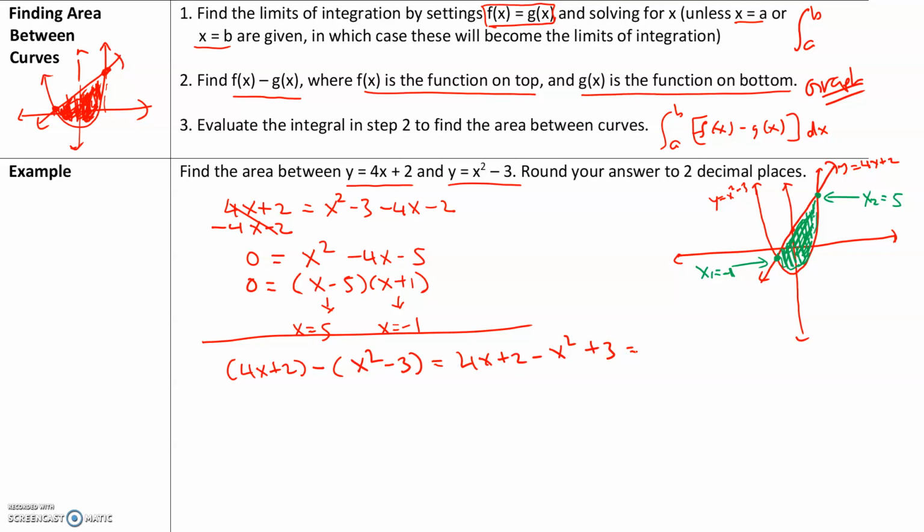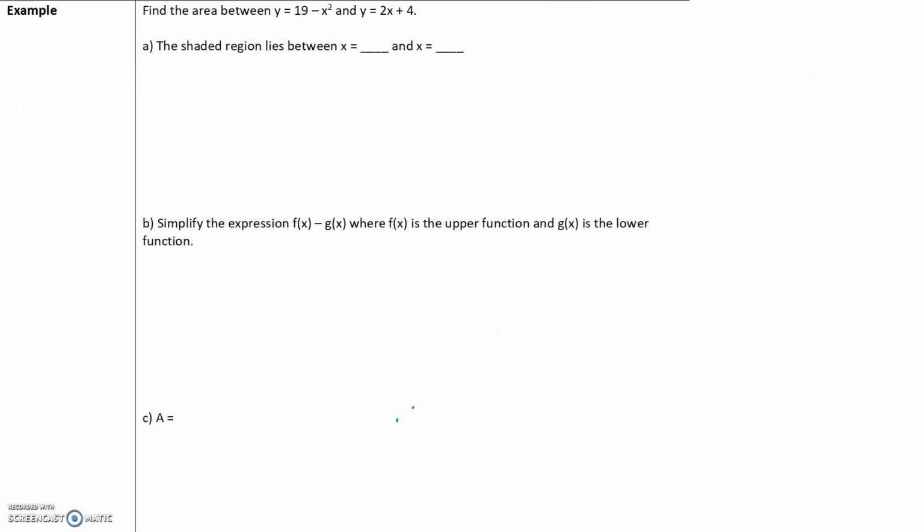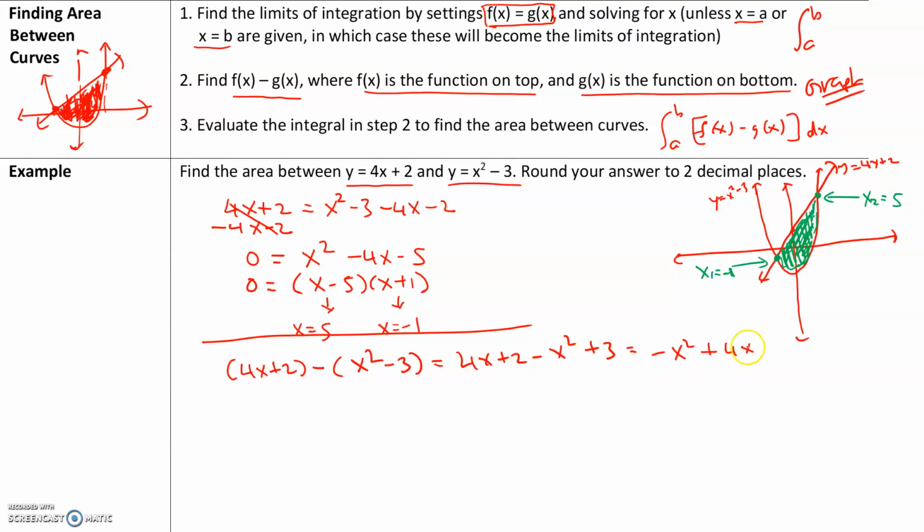Let's put this in order. This will be negative x squared plus 4x plus 5. So here's what we want to do. We want to take the integral, or the antiderivative, from x equals negative 1 to x equals positive 5 of f of x minus g of x.